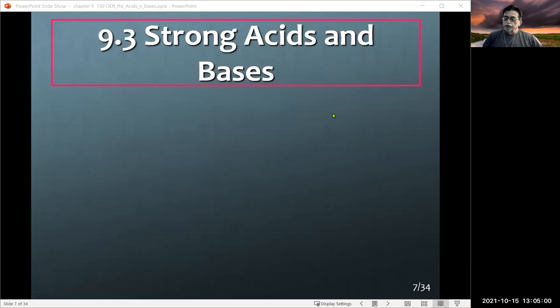Now, with respect to what are called strong, and we're going to use the terms strong and weak, both in the case of acids or bases. Now, a strong acid is simply this. It's an acid that, when dissolved in water, completely dissociates, approximately 100%, okay?